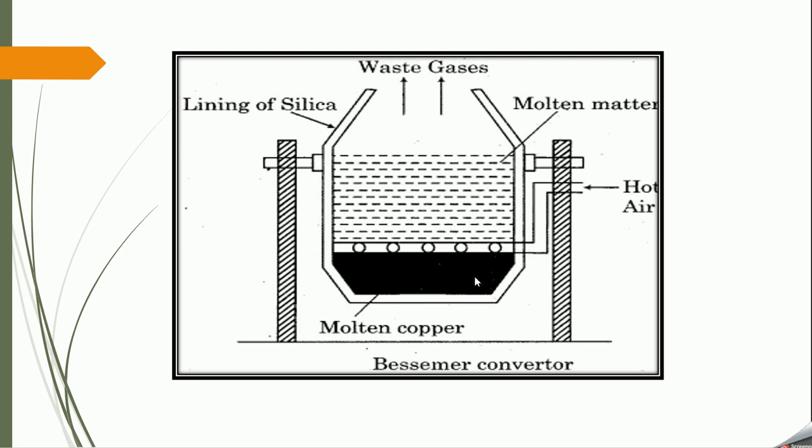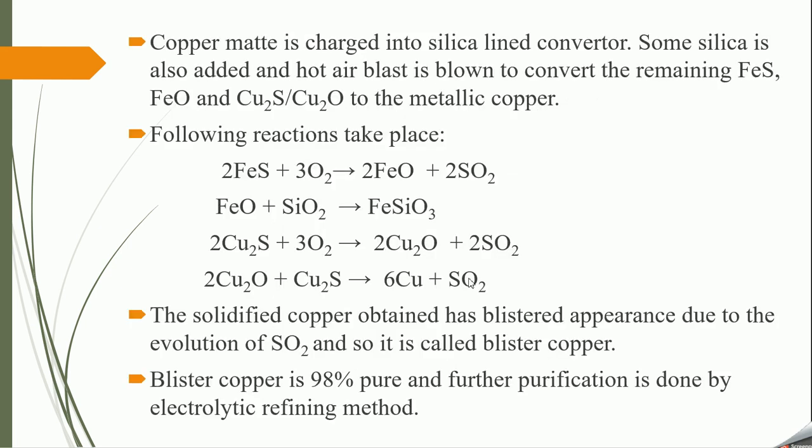This molten copper is collected and cooled. While cooling, sulfur dioxide gas escapes from the surface of copper. Hence blisters are formed. That's why we call it blister copper. This blister copper is 98% pure, and further purification is done by the electrolytic refining method.